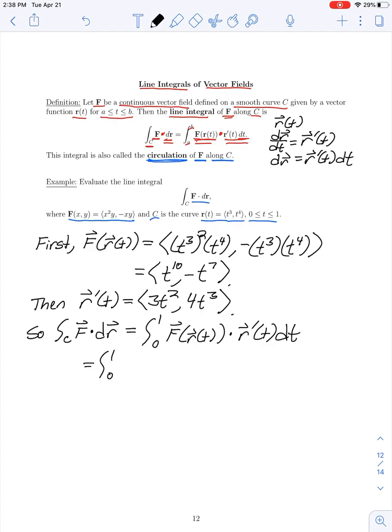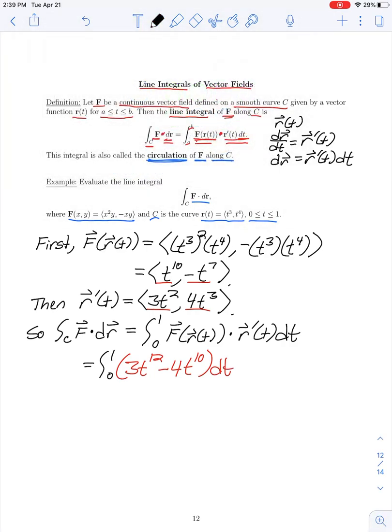So that is the integral from 0 to 1 of, let's see what we get for this dot product. So taking the product of the first components of those two vectors, f of r of t and r prime, we have 3t to the 12th power. And then we add the product of these second two terms of these vectors, which would be negative 4t to the 10th power, dt.